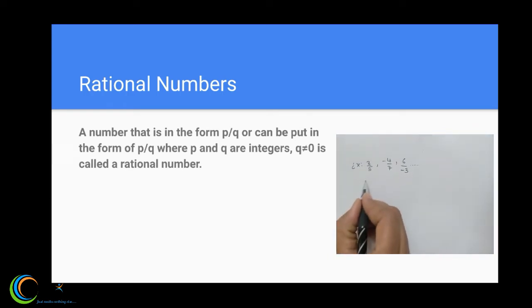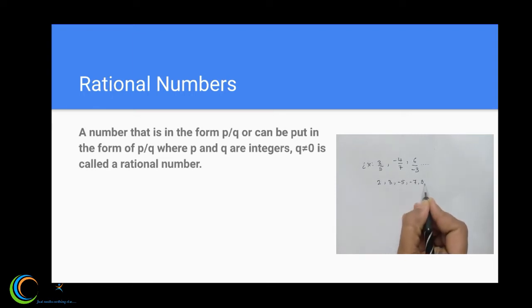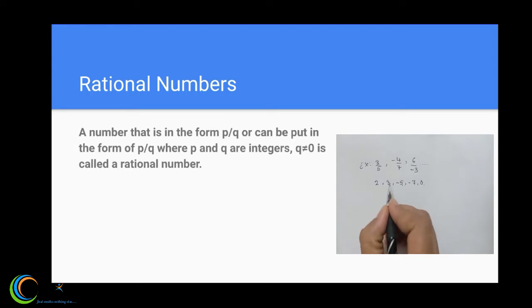Also, we can consider 2, 3, minus 5, minus 7, 0. These are all rational numbers. Why? Because these integers can also be represented in the form of p by q, since every integer can have 1 as its denominator.